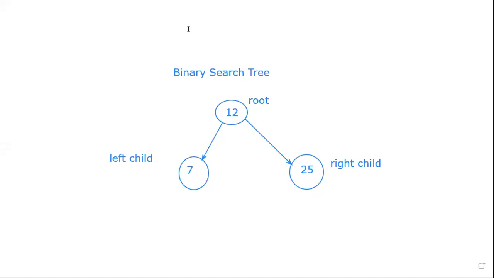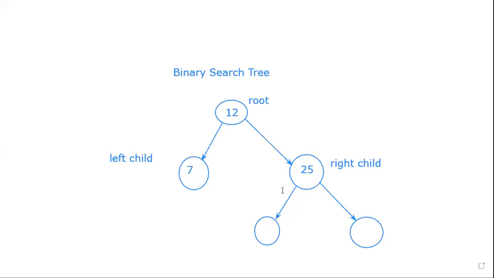Suppose I am inserting further values into this tree. Let me add a child here and add another child here. Okay, so you know always the left child will be having lesser values than the root.